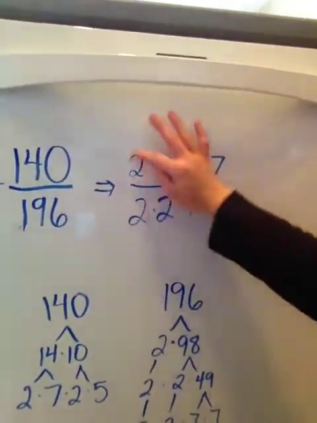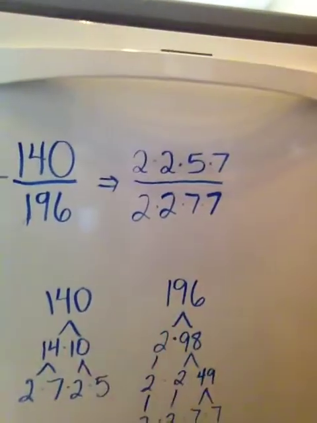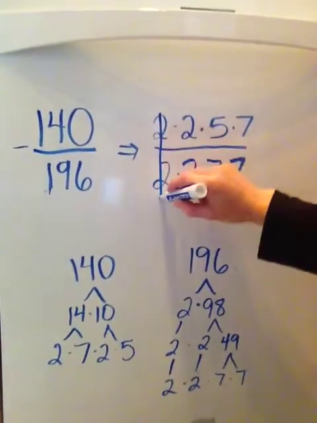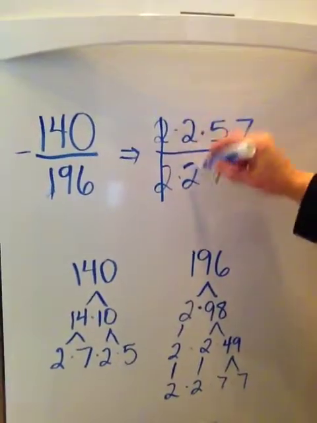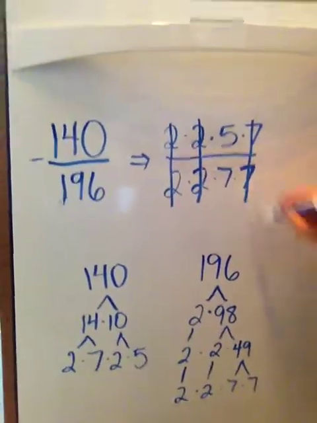So that is essentially a 1, and 1 times anything just remains itself. So that 1 isn't changing anything. So what essentially is happening is our 2's are canceling each other out. This 2 will cancel that one out. This 7 will cancel that one out.